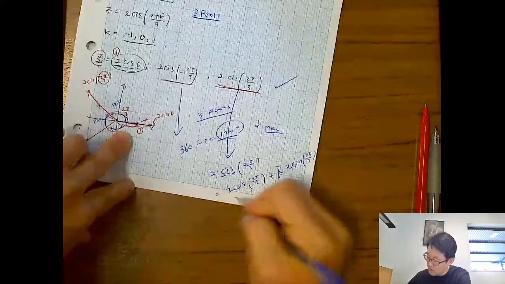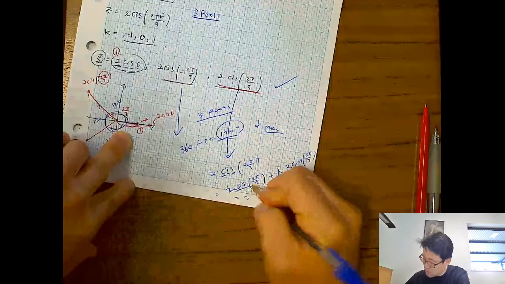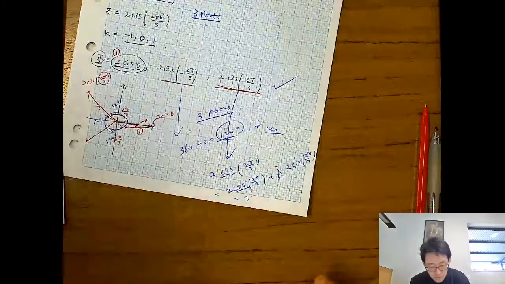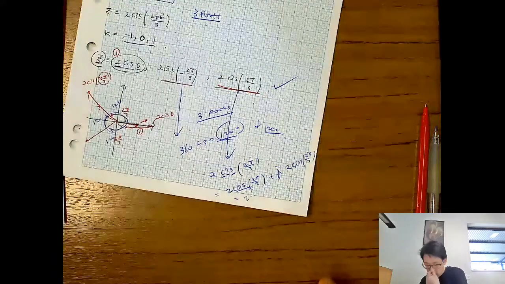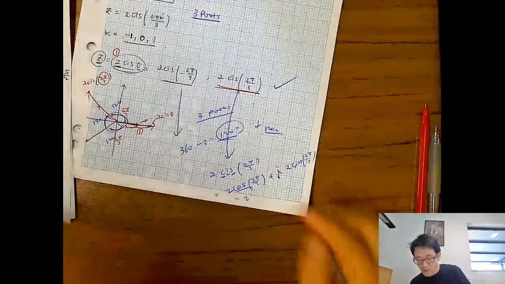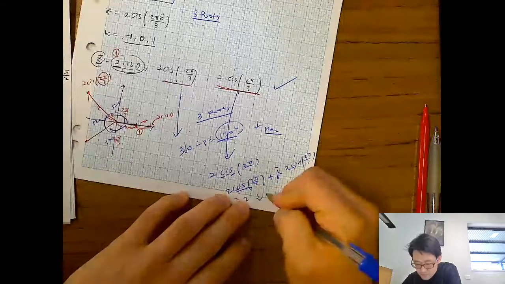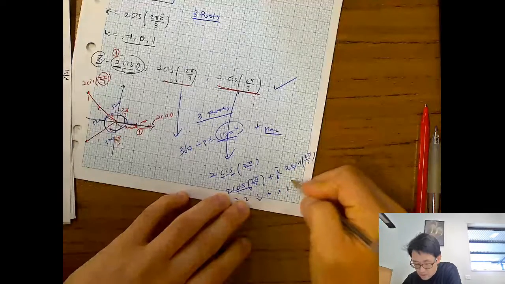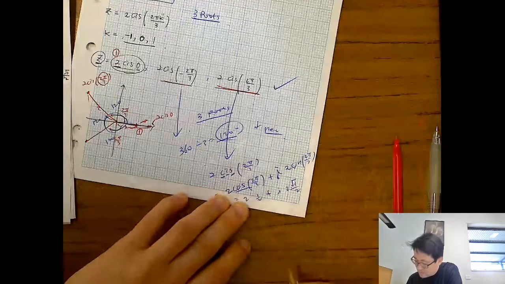Okay. So 2 times, what is cosine 2 pi over 3? You go and find it. One over 2, yep. Plus i. When you work that out, you will get this.